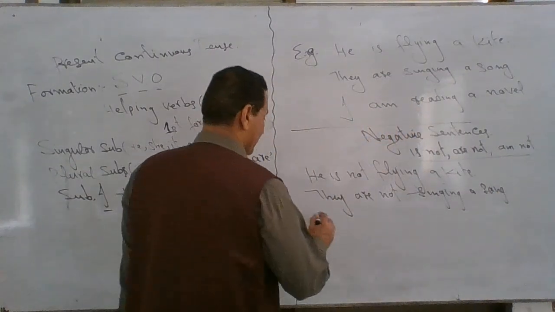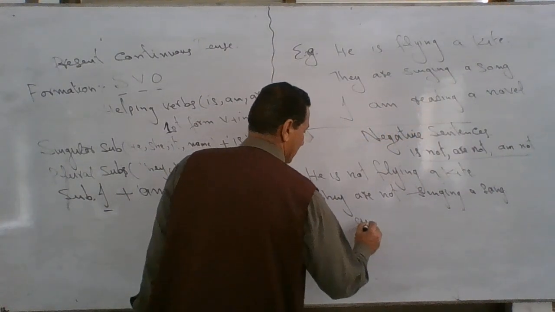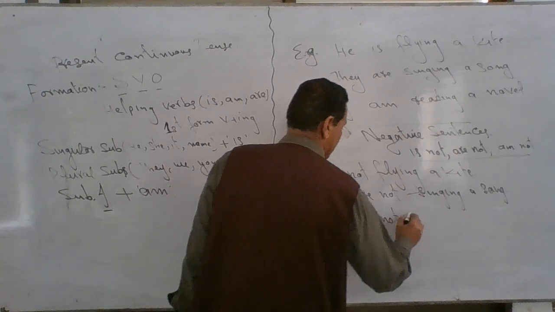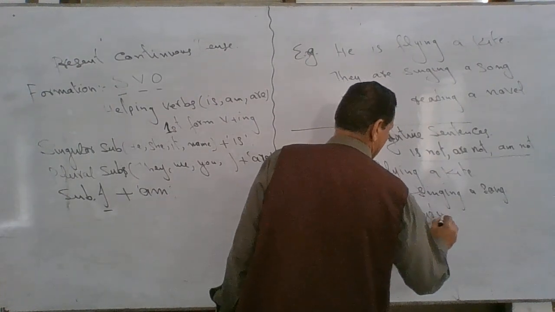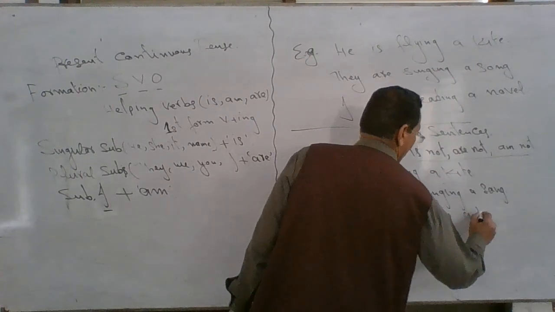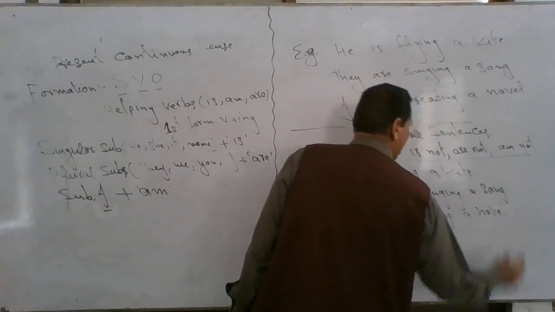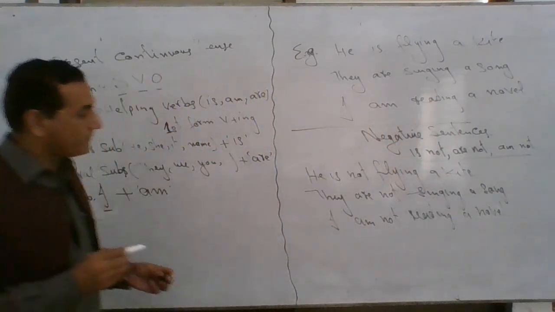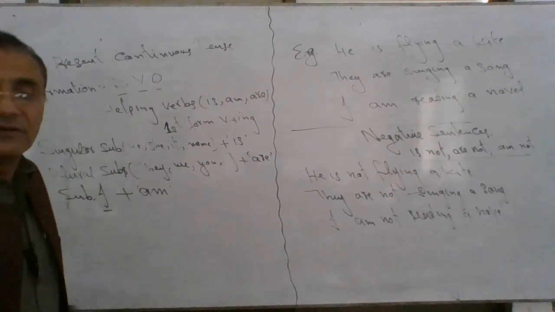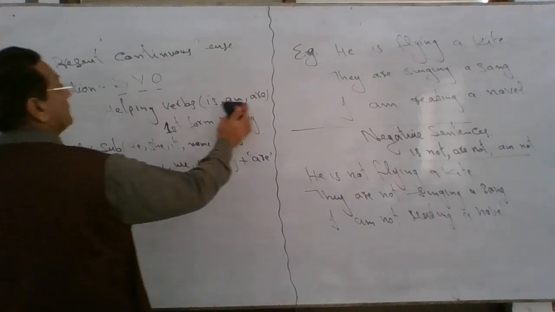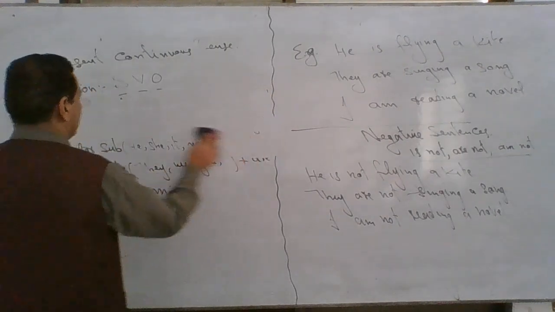Simple things are there. I am not. I am not. These are about negative sentences.